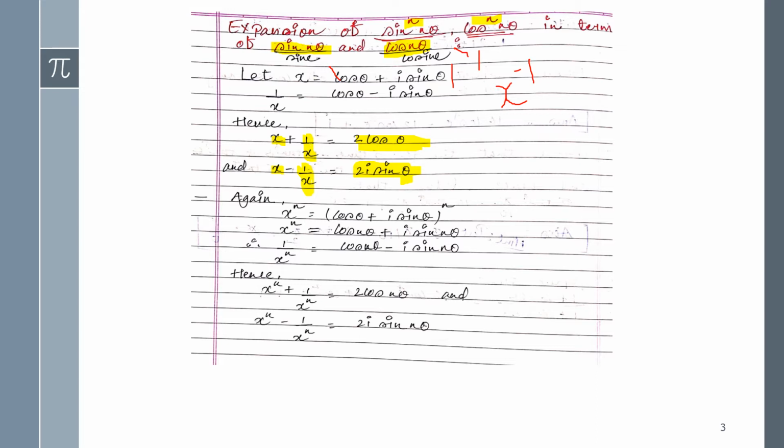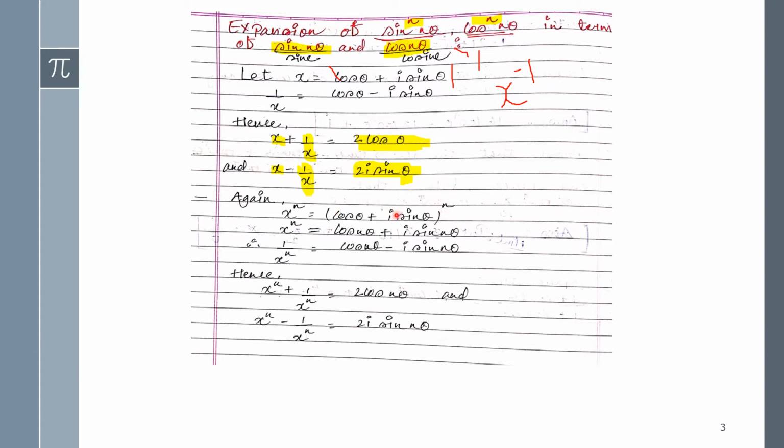Now I'm writing one more simplification. In place of x, I'm writing x raised to n power. So that will be, of course, cos theta plus i sin theta whole raised to n power.